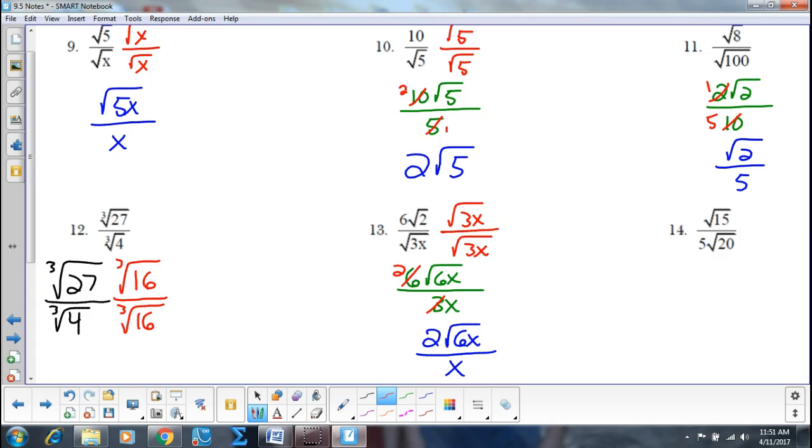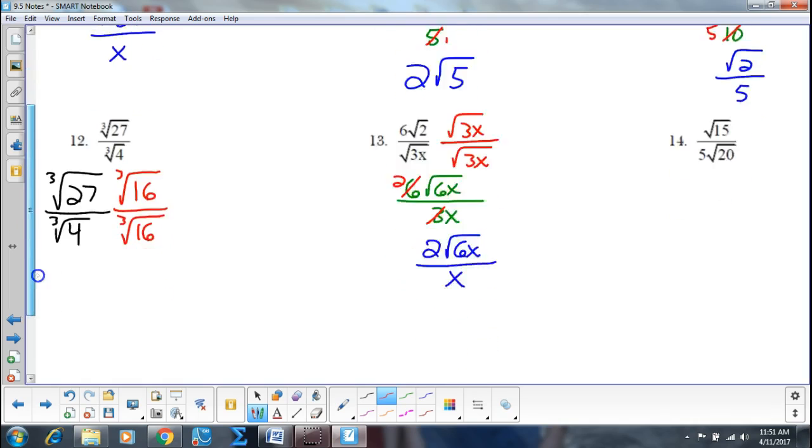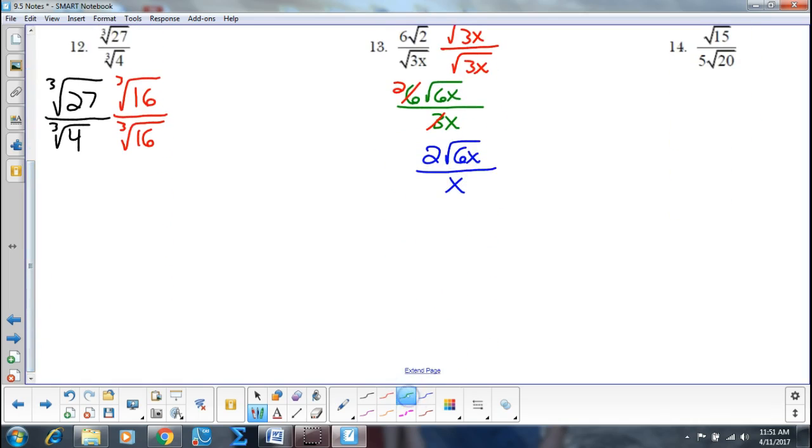Okay? But the cube root of 64, because 4 times 16 is 64. Okay? So then this would become 3 times the cube root of 8 times the cube root of 2 all over the cube root of 64.